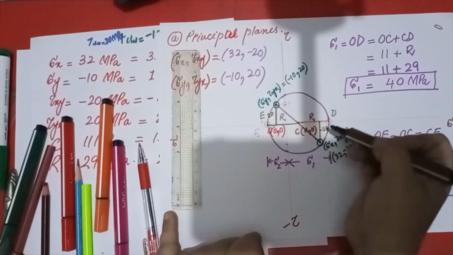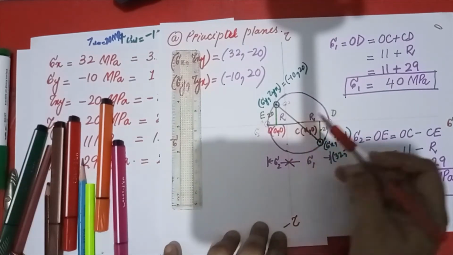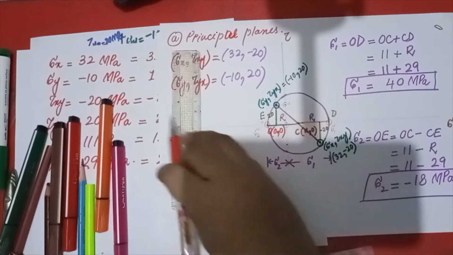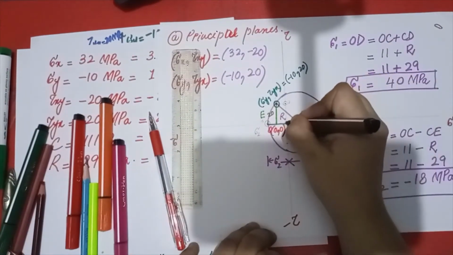This is the base. So the length from the origin, this is your origin, let me draw it with a brown marker.